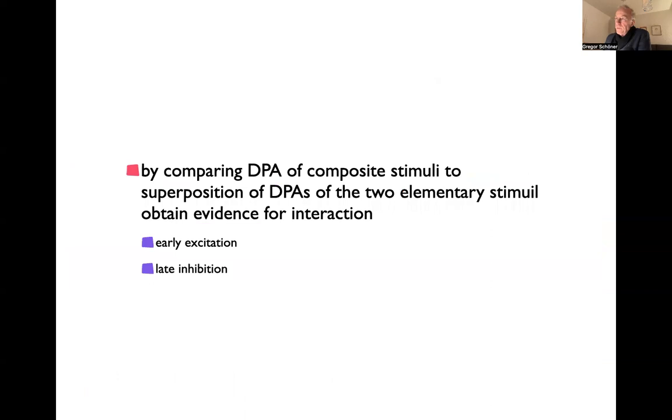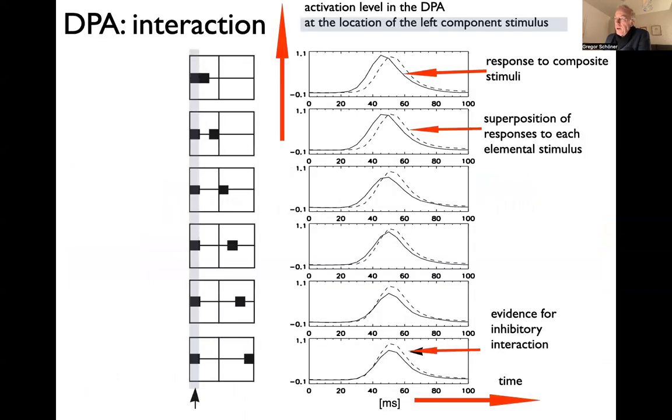And this could be done in more detail by a more refined technique. This is looking time resolved, so take the activation of different time slices, and we're just looking at the activation here at this leftmost location that was always included in the stimulus, and then for different distances of this other stimulus.